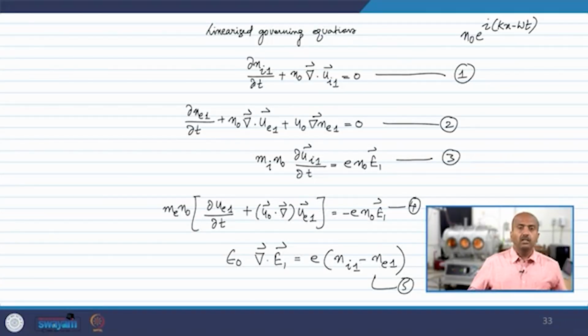So, we have equations 1, 2, 3, 4, 5, which are basically the governing equations written in the perturbed variables.